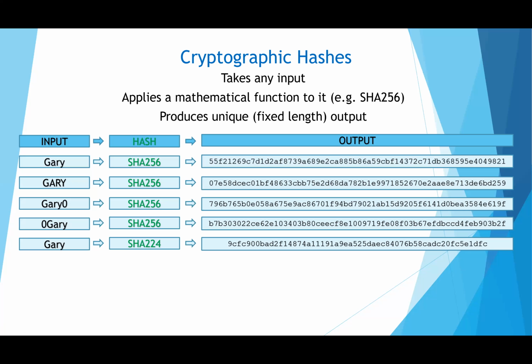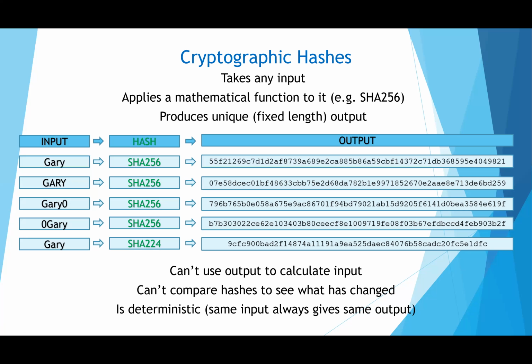So the great thing about these cryptographic hashes is that you can't use the output to work out the input. You can't compare the output of the hashes to see what's changed. All you can tell is that something has changed. And they offer something which is called deterministic. That means if someone takes a SHA-256 algorithm and puts exactly the same values into it as somebody else does, then you'll always get the same output.